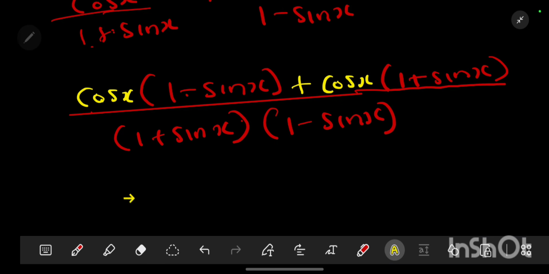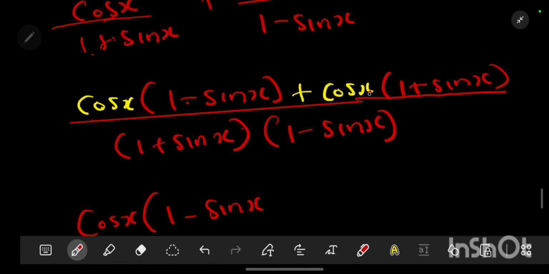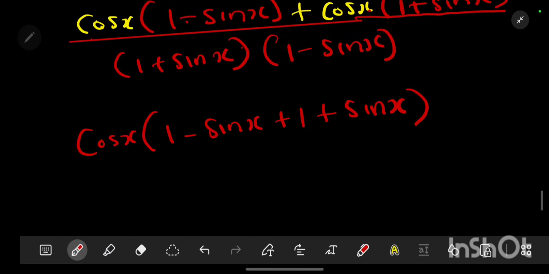So let's just factorize. Factorizing means we take out cos of x, then what is remaining here is 1 minus the sine of x. Then what is remaining from the other is positive 1 plus the sine of x, like that.